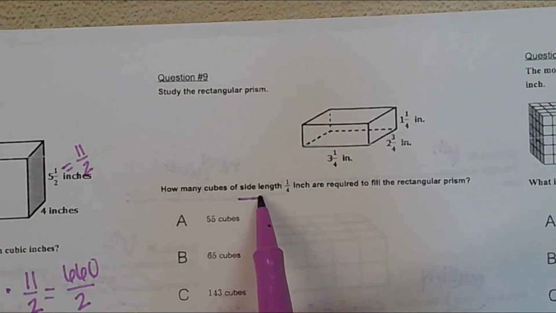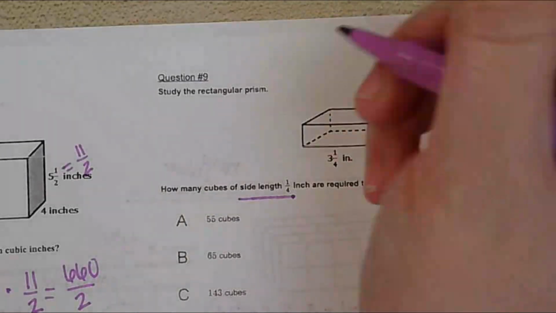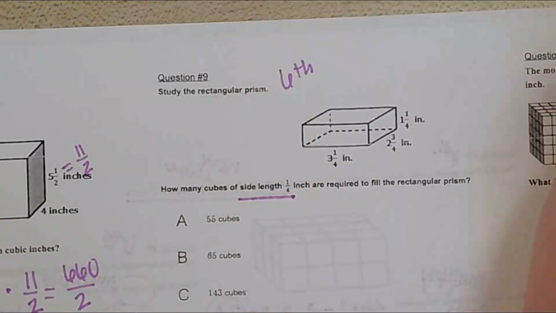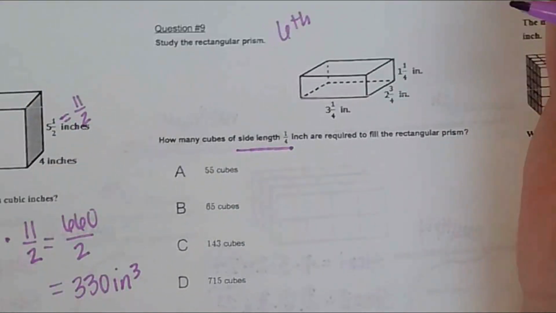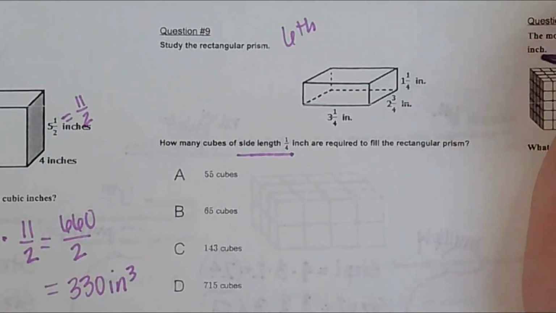It doesn't say it in the first sentence. Remember I told you it doesn't have to change in the first or second sentence. It can change in the last sentence. Well, here, guess what? It says it right here. That side length is going to be 1/4. This is a 6th grade question. Now, y'all, I need y'all to wait right here. This is where, if you don't listen to this part, you're going to get confused. Okay? So, ready?